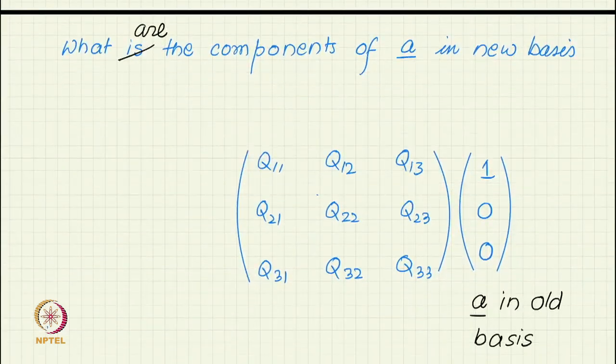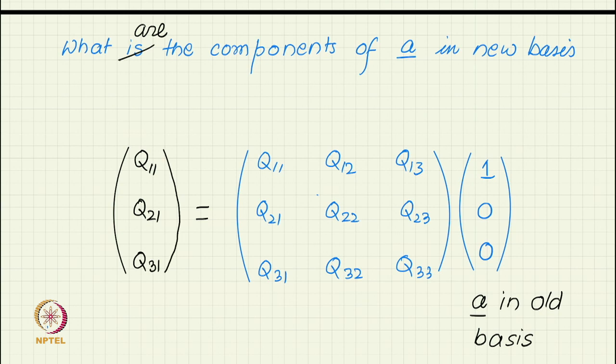So, all we have to do is multiply our coordinate transformation matrix Q with the column vector representing A, which is 1 0 0. If we do this multiplication using the matrix multiplication rule, we see that the output will come as Q 1 1, Q 2 1 and Q 3 1. So, this is A in the new basis, the same vector A, but its components in the new basis.